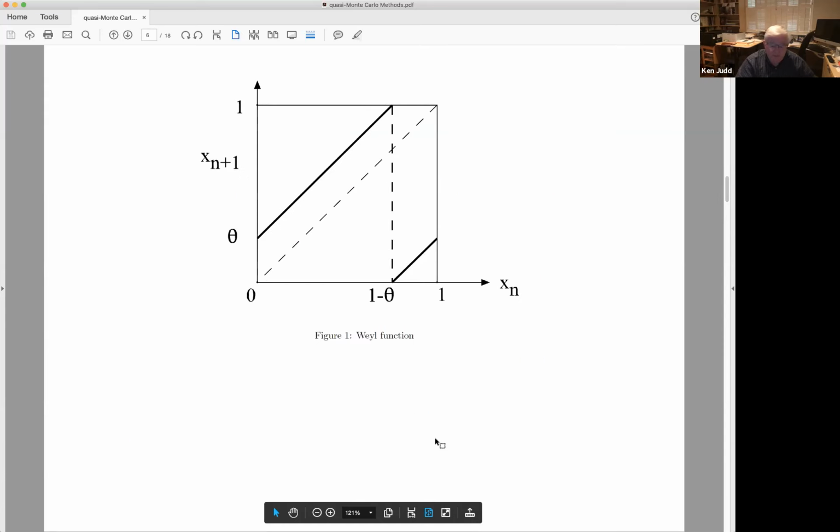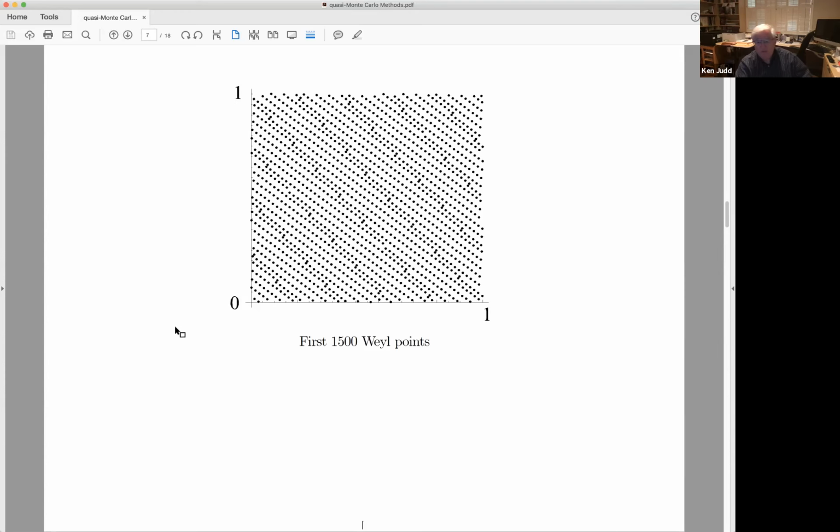Now, the function that we're talking about is where, if x_n is here, then x_n plus 1 is here. This has slope 1. This may seem like it's not going to be too good, but it does work. Here's an example. Here's your first 1,500 Weyl points.